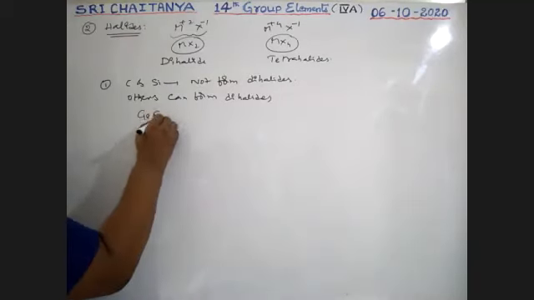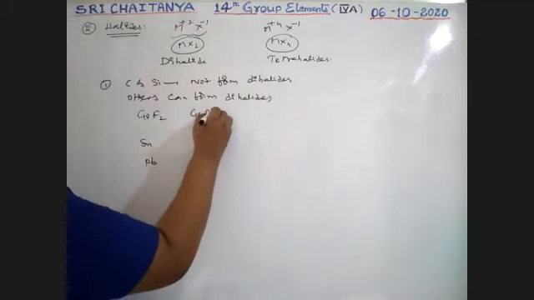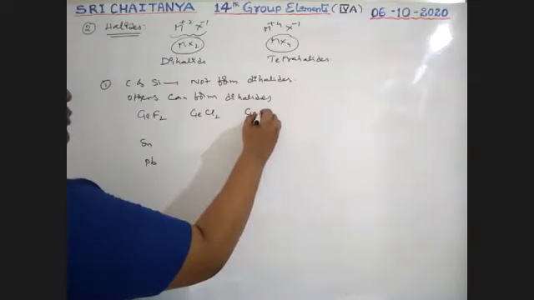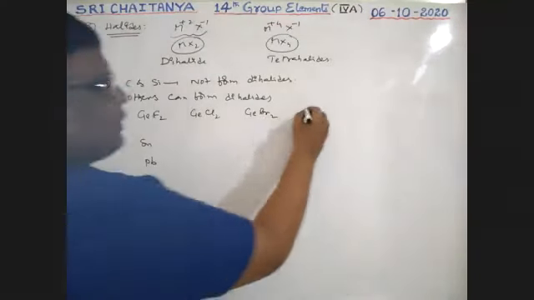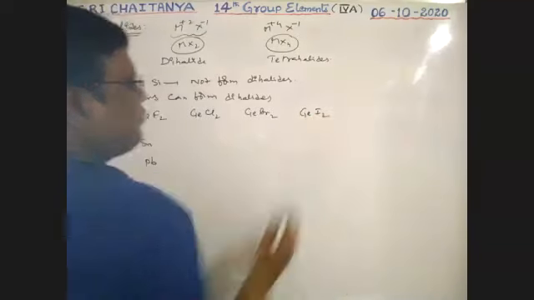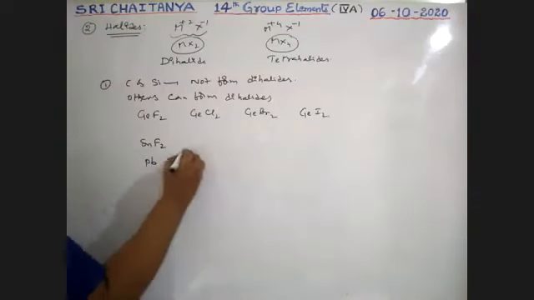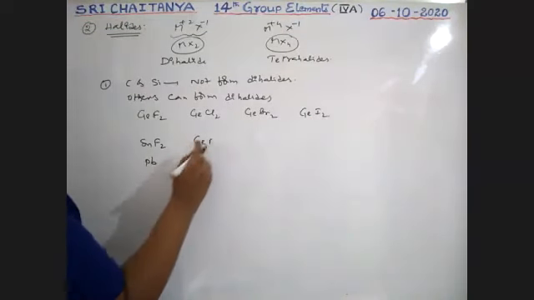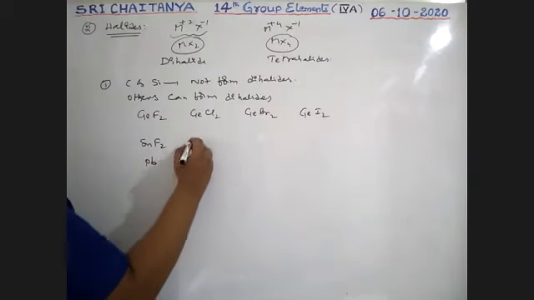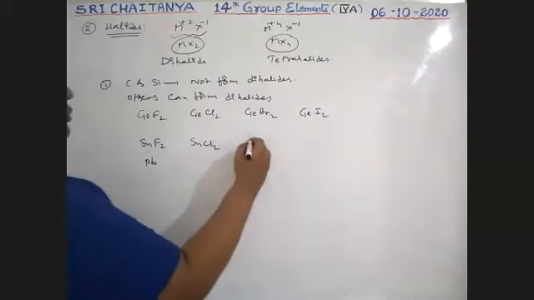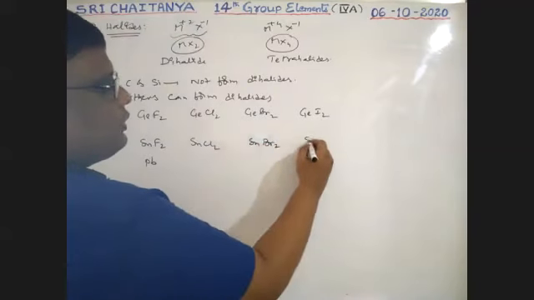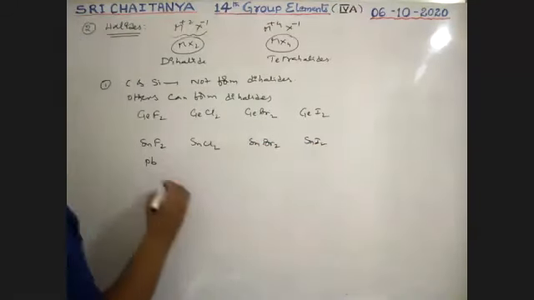So germanium difluoride, germanium dichloride, germanium dibromide, germanium diiodide. Next, SnF2, SnCl2, SnBr2, SnI2 are possible.